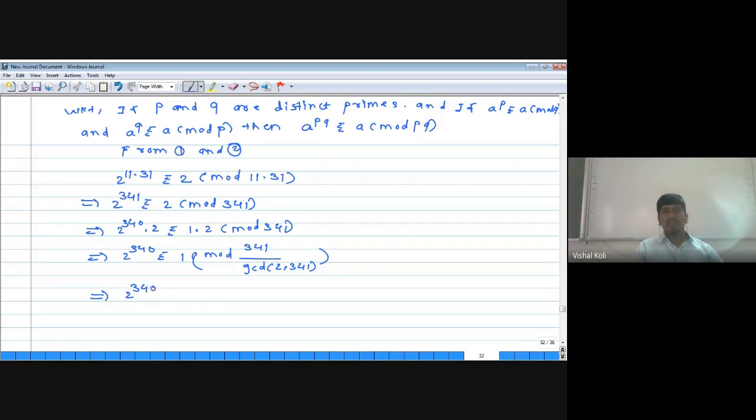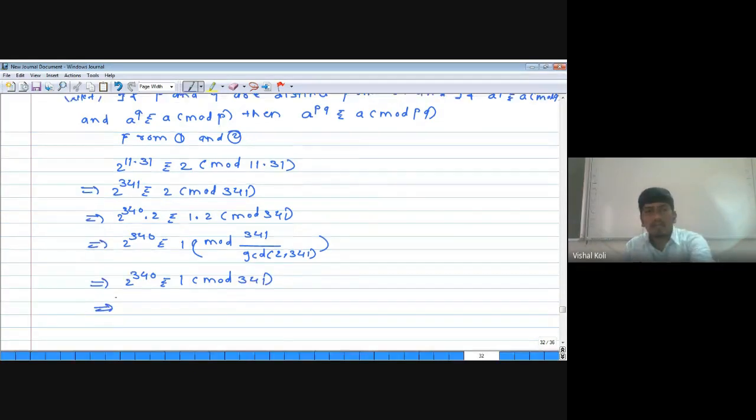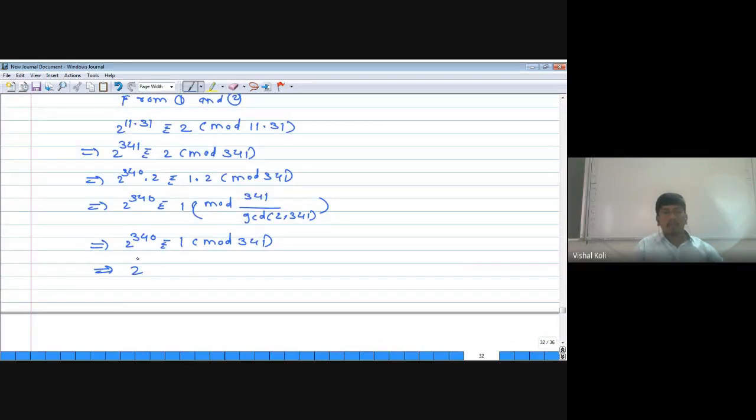2 to the power 340 is congruent to 1 modulo 341. Okay, which implies this one is of the form 2 to the power 341 minus 1 is congruent to 1 modulo 341.